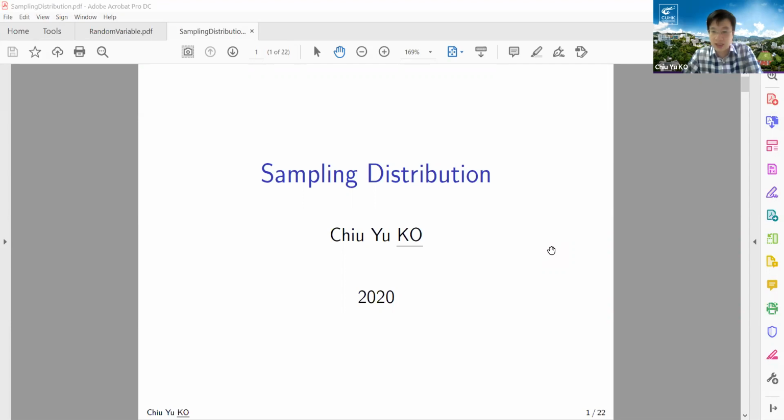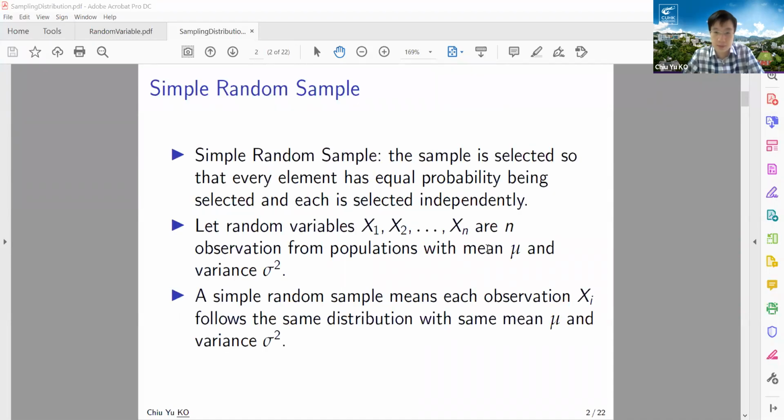So the sampling distribution. The main idea of sampling distribution is we do sampling. The reason we want to do sampling is because in the real world we have some data, right?